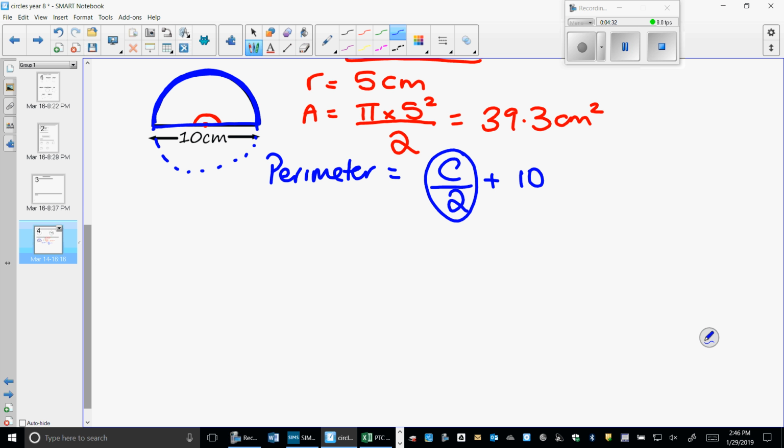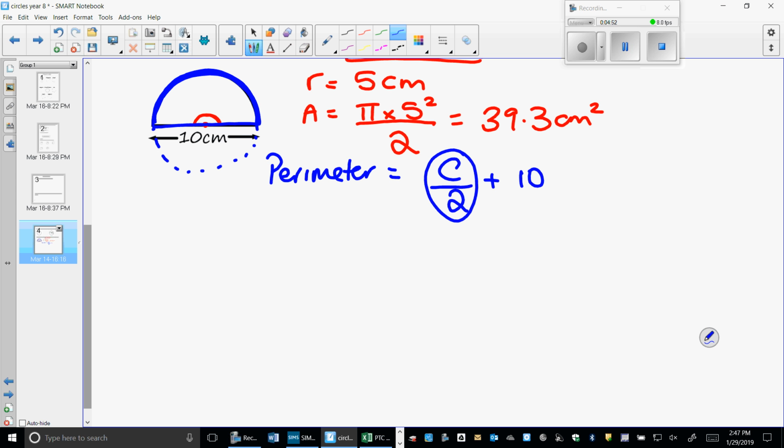You can pick either C equals pi d or C equals pi r. Not just pi r, it would be 2 pi r. So which one should we pick this time? I think it would be good if you pick d, C equals pi d.